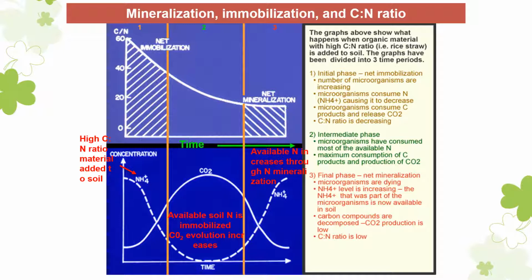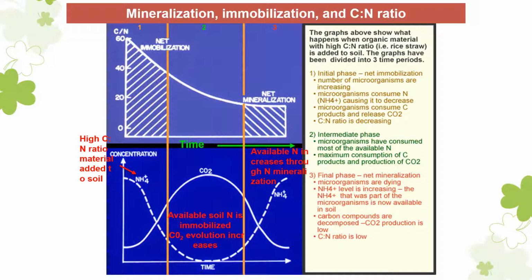These microbes are also consuming the carbon products and releasing carbon dioxide, and this will cause the C:N ratio to decrease. The intermediate phase shows that the microorganisms have consumed most of the available nitrogen, with maximum consumption of the carbon products and production of carbon dioxide.